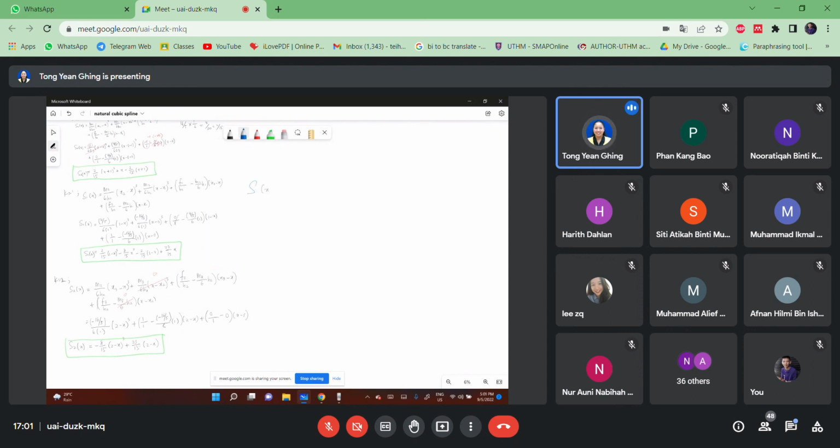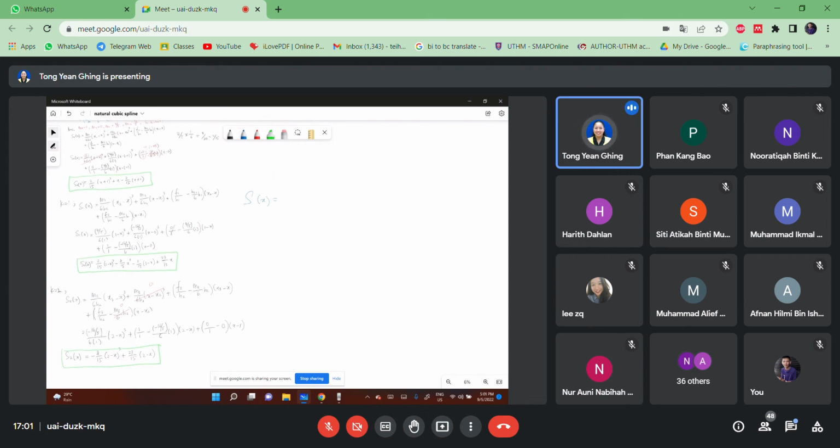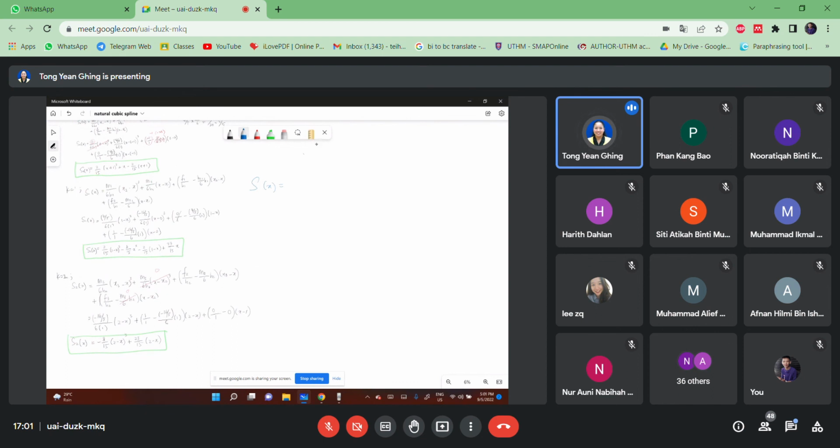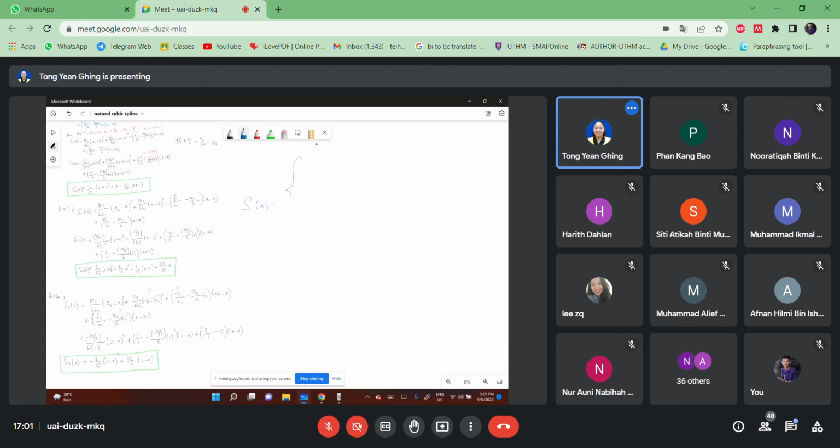Sx equal to, we will have like 3 equation here. The first one is S0 x, 2 over 15 x plus 1 power of 3 plus x minus 2 over 15 x plus 1.